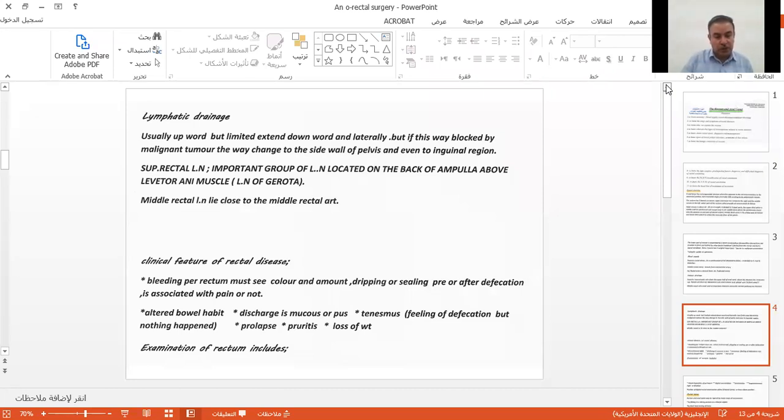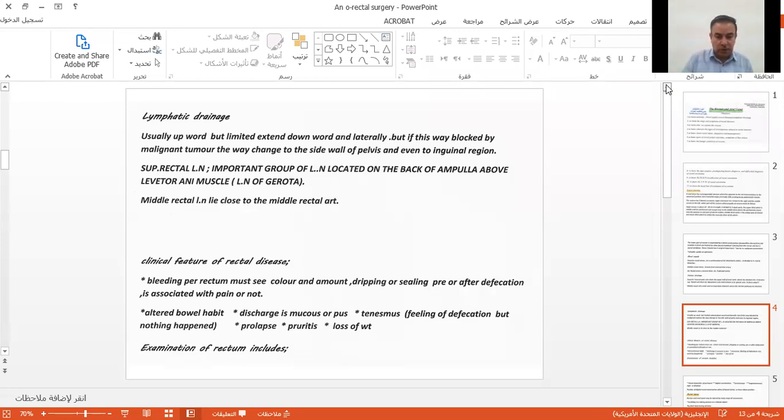Clinical features of rectal disease: bleeding is important. Bleeding per rectum, you must see the color and amount, dripping or soiling, before or after defecation, associated with pain or not. Altered bowel habit, discharge such as mucus or pus, and tenesmus, a feeling of defecation but nothing happens, prolapse, pruritus, and loss of weight.